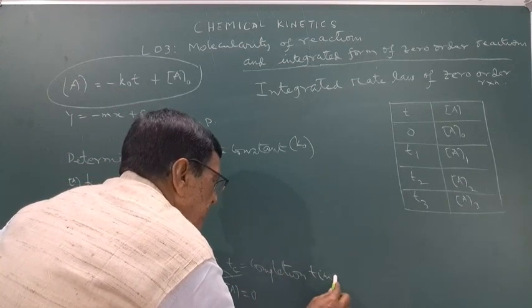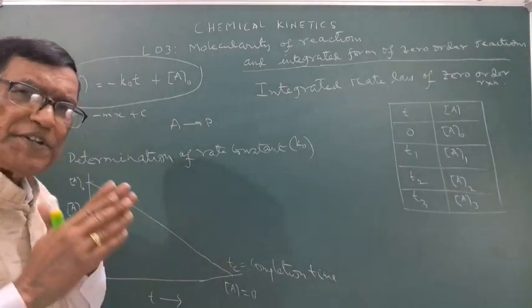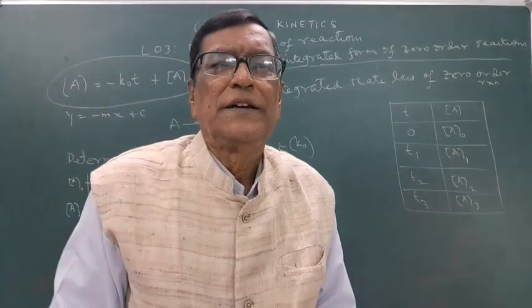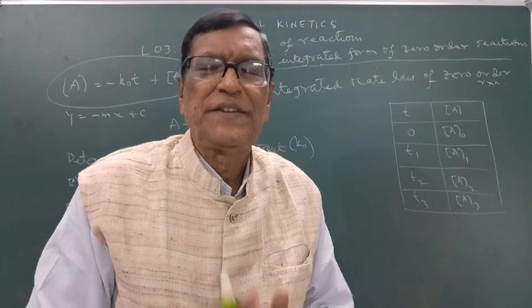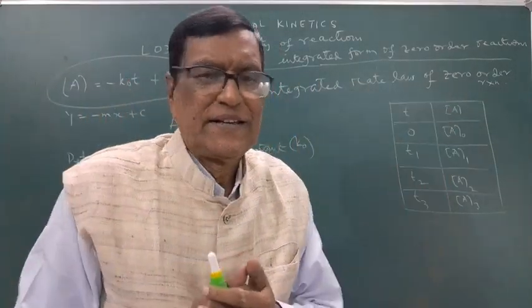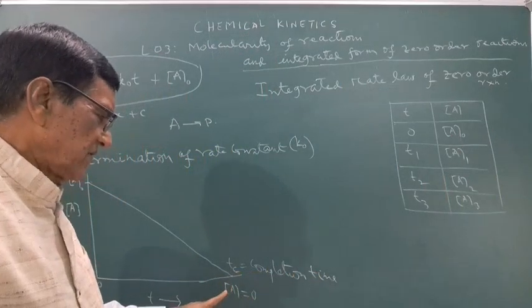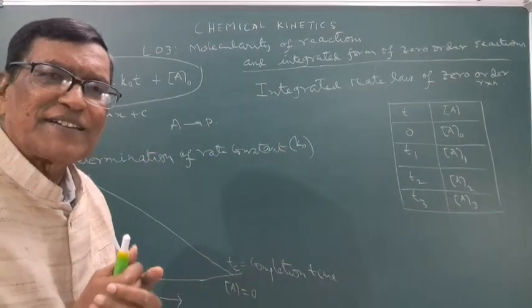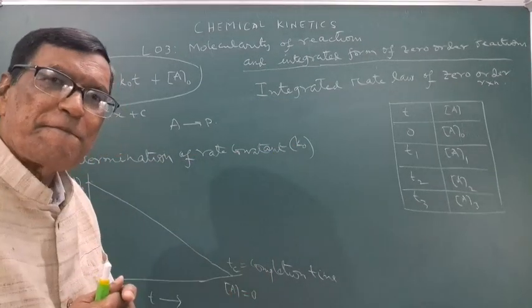Completion time means after this time tc, all the reactants will be totally decomposed. The reaction is totally complete. Here the concentration of this reactant equals 0. No reactants are there at this time.